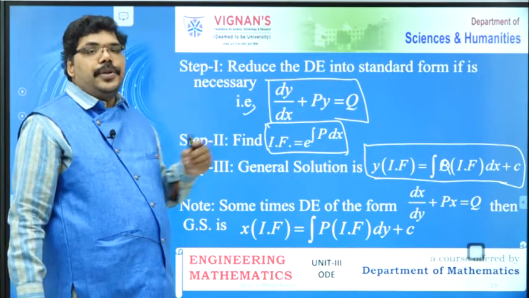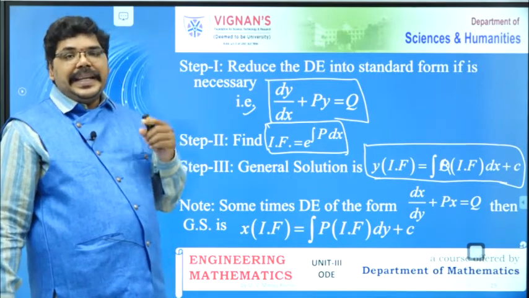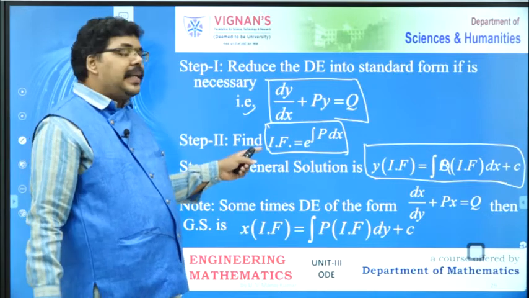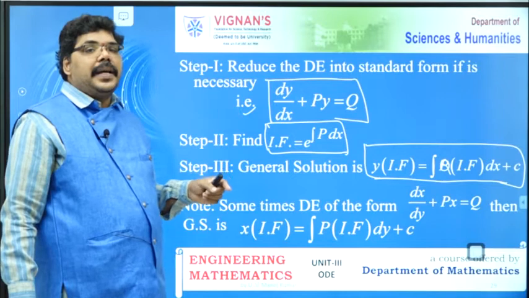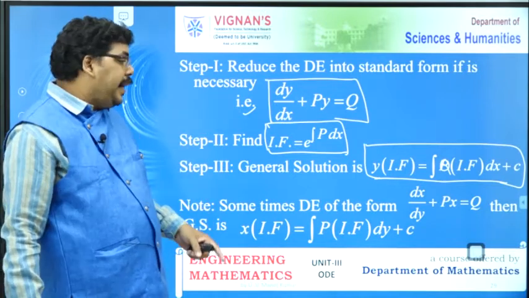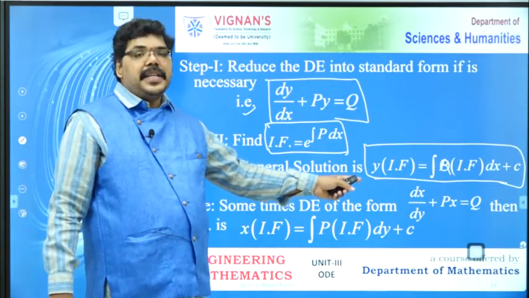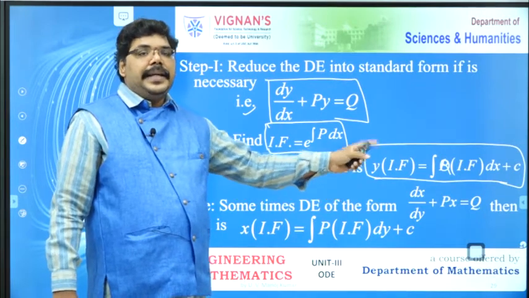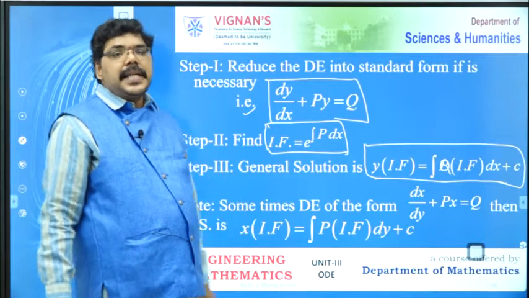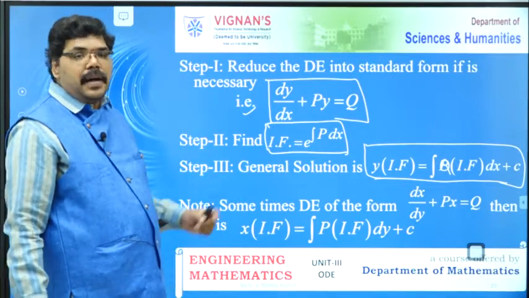To find its solution, first we have to find the integrating factor. Integrating factor is e power integral p dx. After finding integrating factor, the general solution is y into integrating factor equals integral q into integrating factor dx plus c. What is plus c there? Plus c is the integration constant.